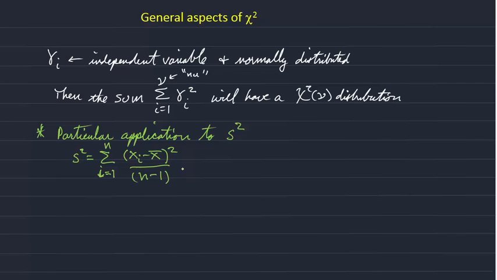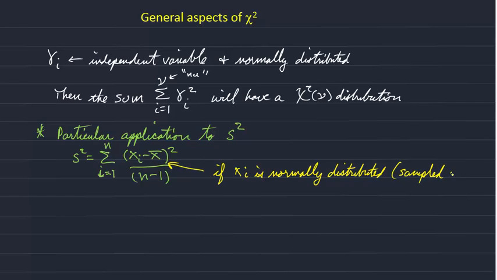Okay? So you can see that if xi is normally distributed, and that would be the tendency or the case if the sampled population were so.